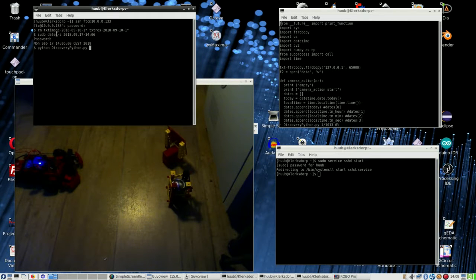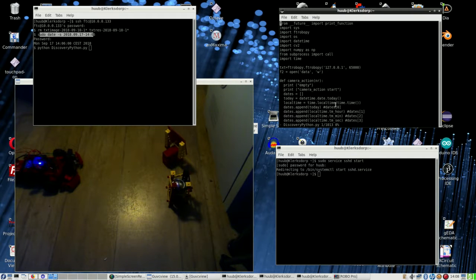Alright, so this is removing remains of the last time. This is setting the date. Here I have to avoid any complications with accidentally removing the whole image, the whole algorithm.